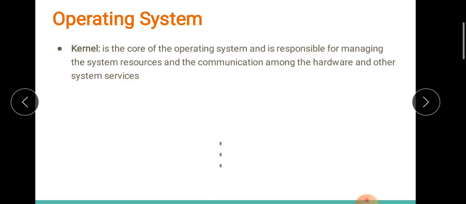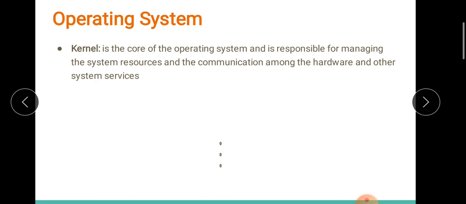Just like we have the processor as the core of an embedded system, and a CPU is the core of a processor, the operating system also has a core operating part, and that is called the kernel. The kernel is responsible for managing the system's resources, and they make sure that there is proper communication between the hardware and other system services.